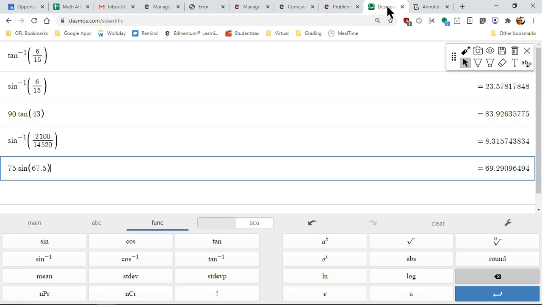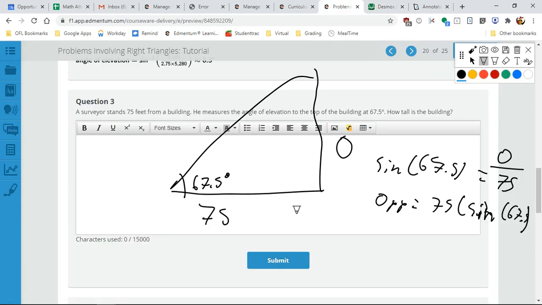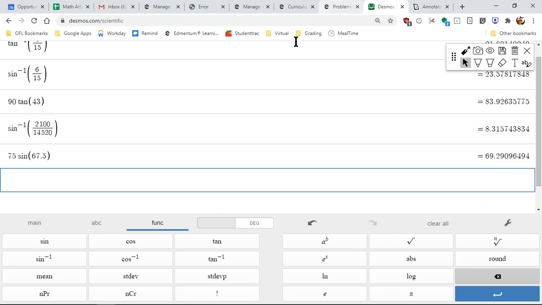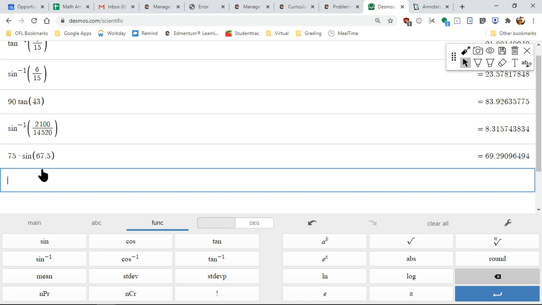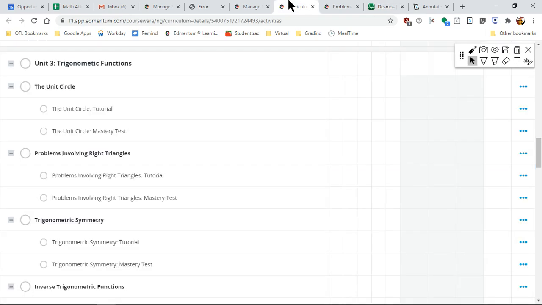And our answer is 69.3. I have a feeling it's going to say 0.3. Oh, actually it just went straight into feet. Wait, what happened here? What did I do wrong?